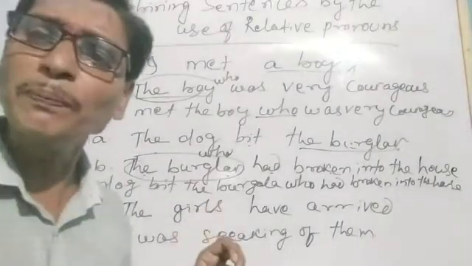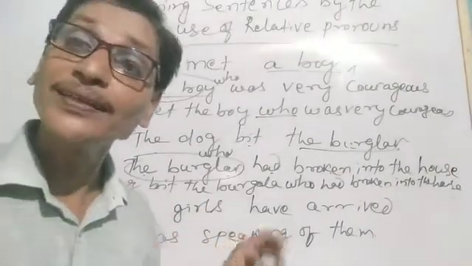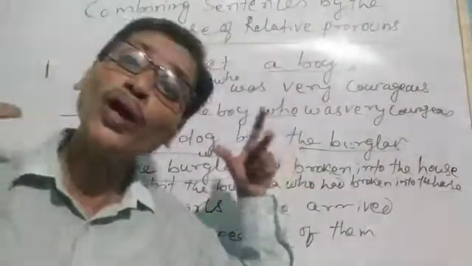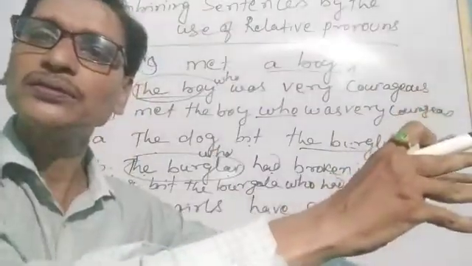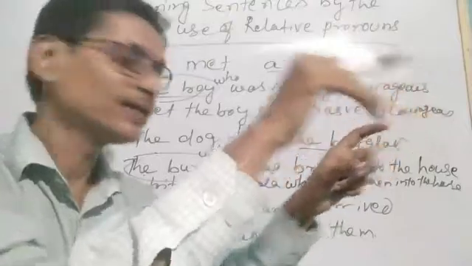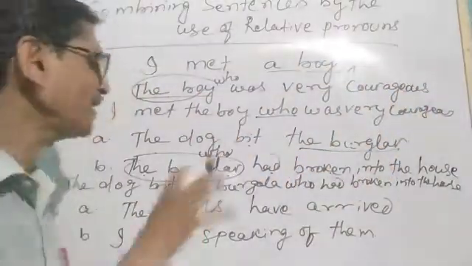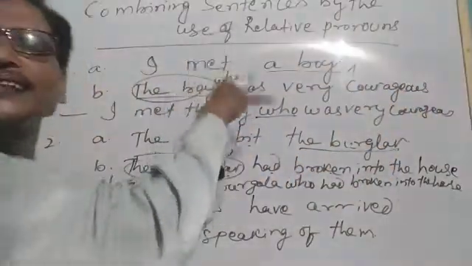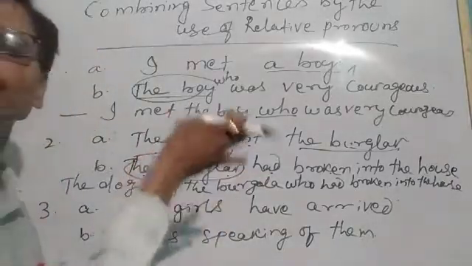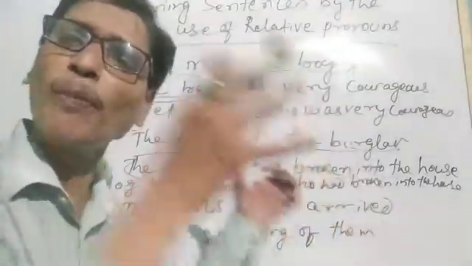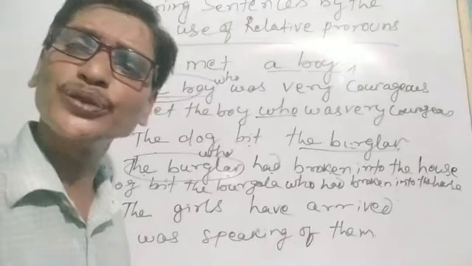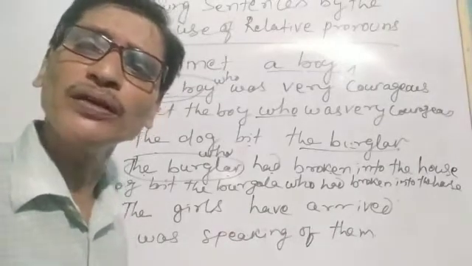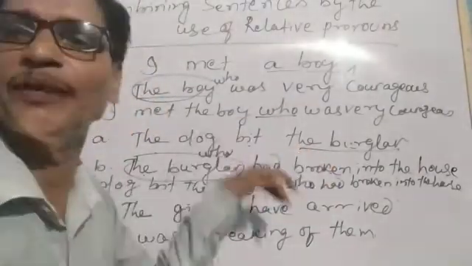Whom did the dog bite? The burglar who had broken into the house. That particular burglar, the dog bit. So from both the sentences we understood that the second sentence is combined with the first sentence using a relative pronoun.